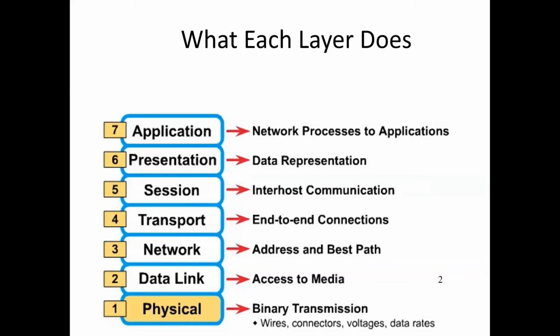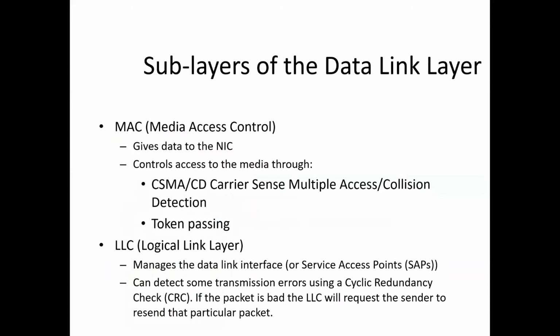So this is the second layer, from bottom to top. This is called the data link layer. The data link layer is subdivided into 2 layers. The upper sublayer is called the MAC. MAC means medium access control, which handles the data in the NIC. NIC means network interface card.